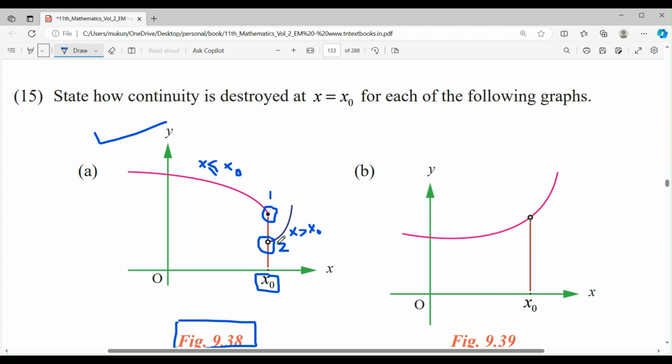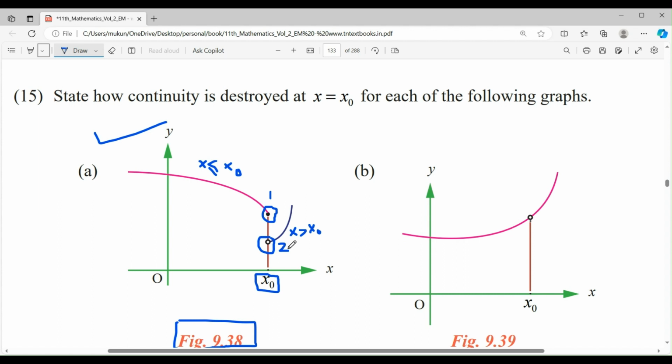And the open circle, which is represented by 2, basically a dot which is not shaded, right? A point which is not shaded indicates that the blue line, which is after x naught, for all values x greater than x naught, does not include x naught, right?